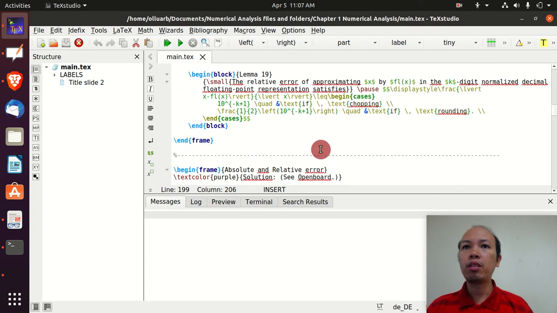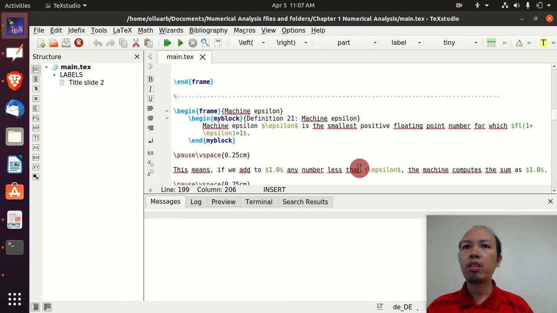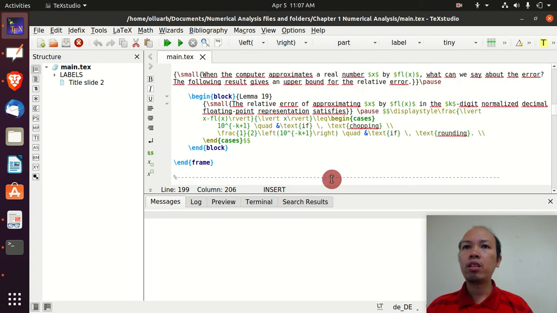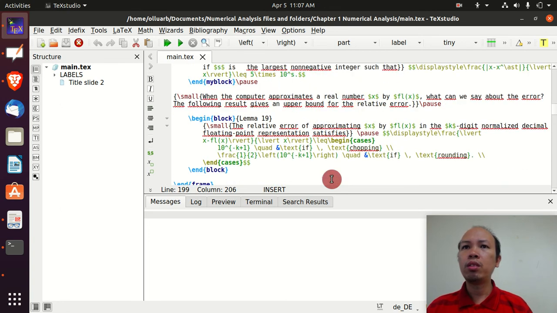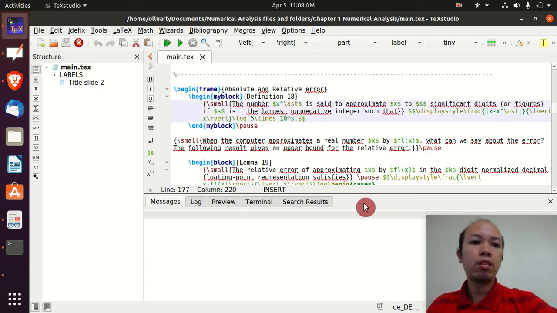Remark. This one here. Definition 18. So we have 10 to the negative s.